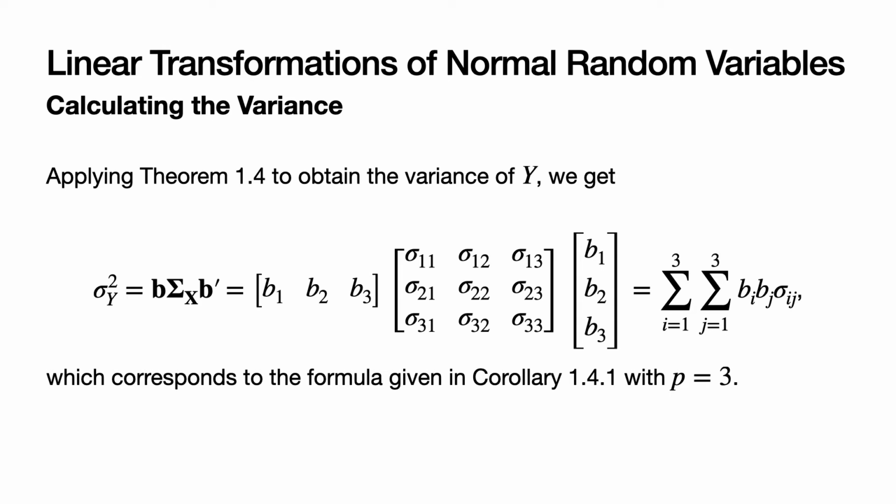And so when we expand that out into their particular vectors and matrix, and then carry that calculation out, we get the double summation, i going from 1 to 3, j going from 1 to 3, of b sub i times b sub j times sigma sub ij. And again, this does correspond to the formula given to us in Corollary 1.4.1, where p is equal to 3.